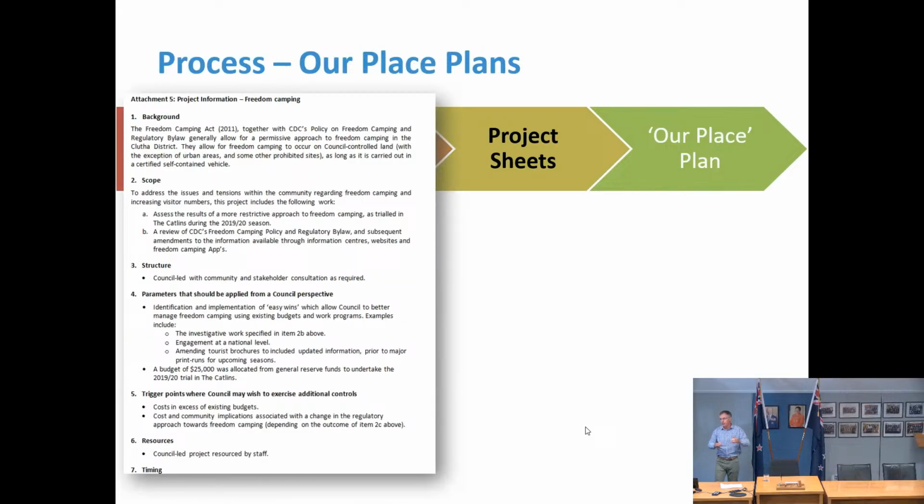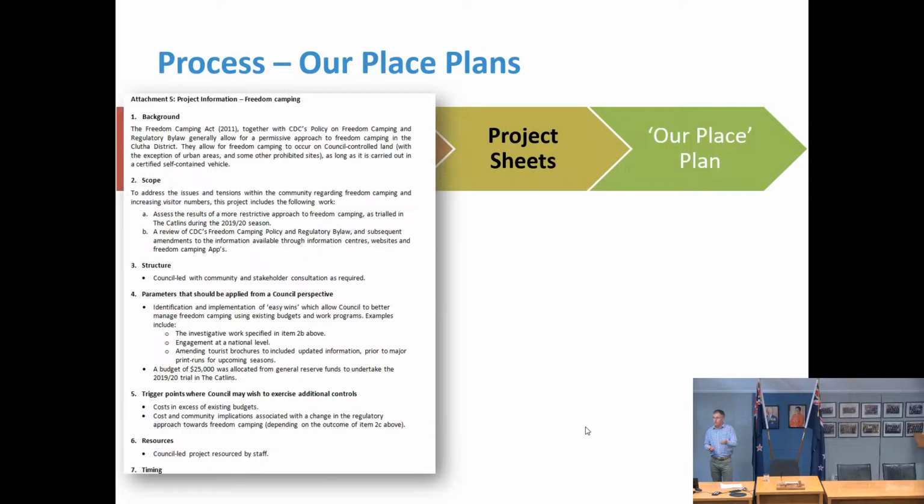The next stage is a bit boring, but it's sort of council land, if you like. It's about project sheets, quantifying in a bit more detail the scope of some of these projects, who's going to lead them, what's the structure around that, is there any funding available, or are we going to have to go back and find ways of funding them as well.